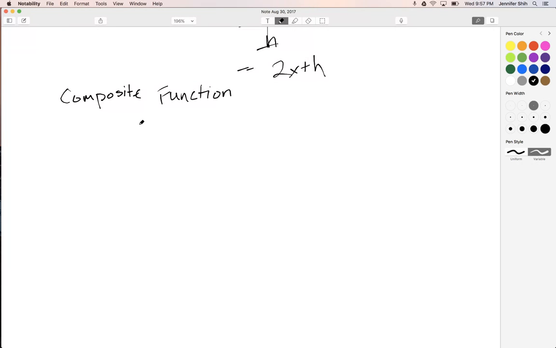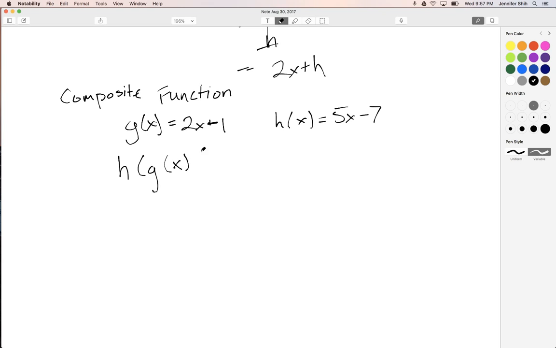Okay. Let's say, I'm just making this up. I'm going to give you a function, call it g of x, 2x minus 1. And then I'll give you another function I've named h, and that's going to be 5x minus 7. I just made up these functions. Now, you may know this one, h of g of x.